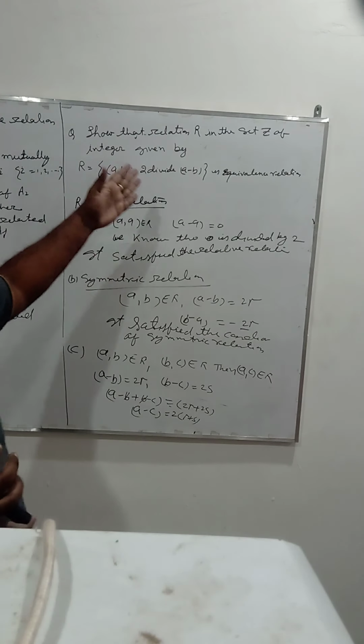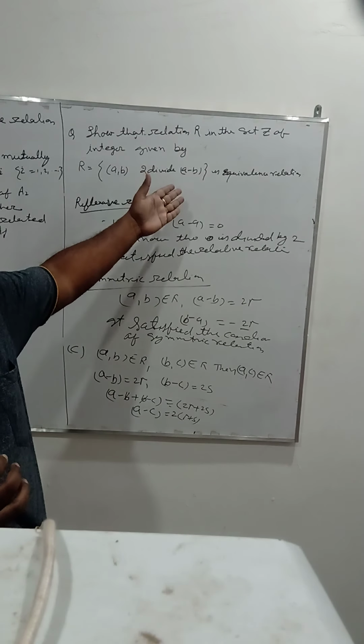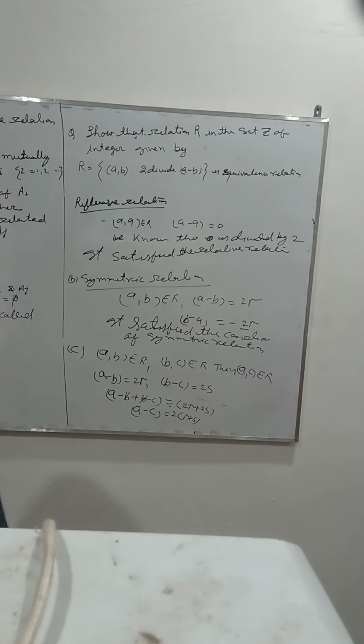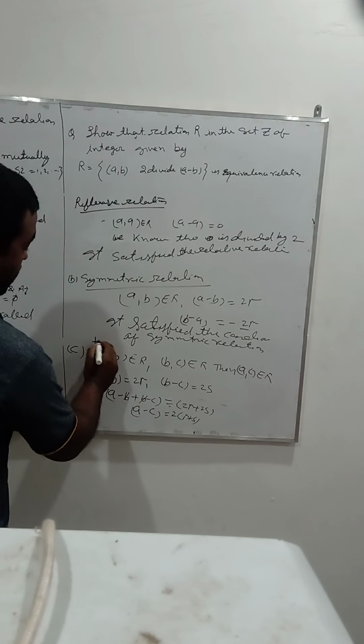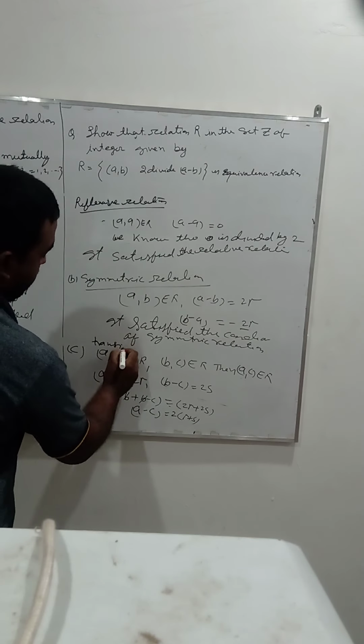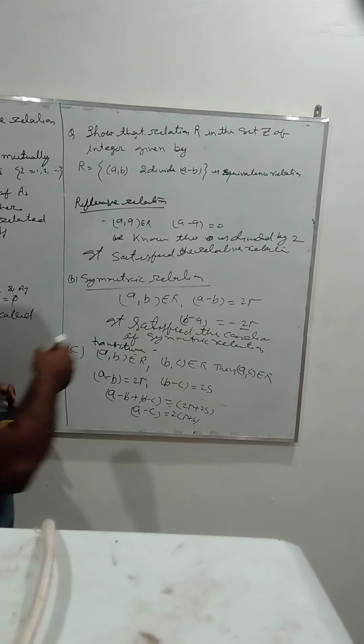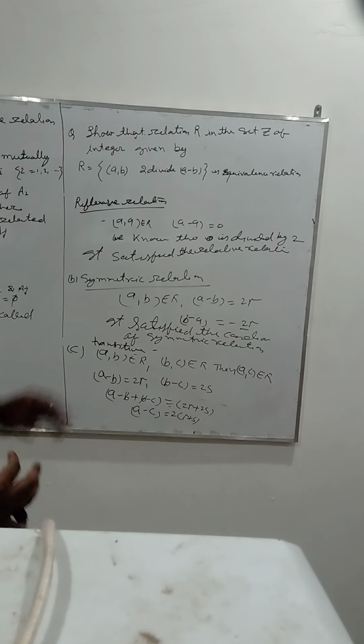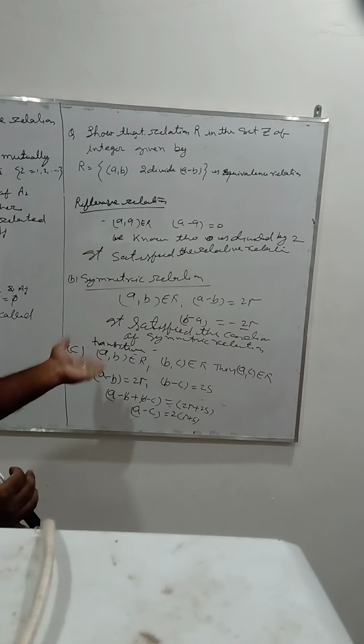Now this relation in the set of integers Z satisfies all three conditions: reflexive, symmetric, and transitive. So you can say that this is an equivalence relation.